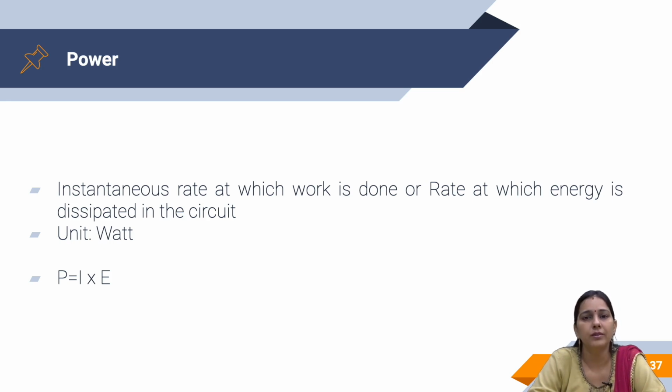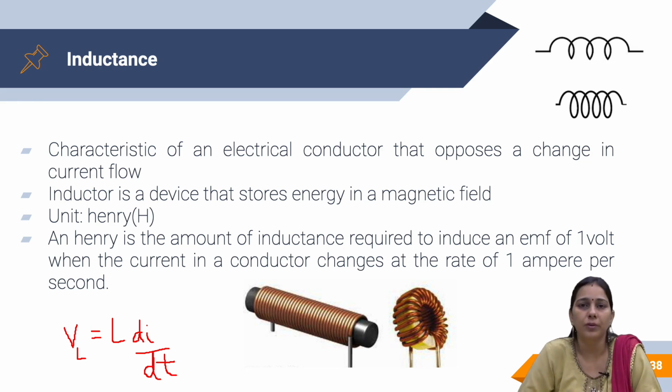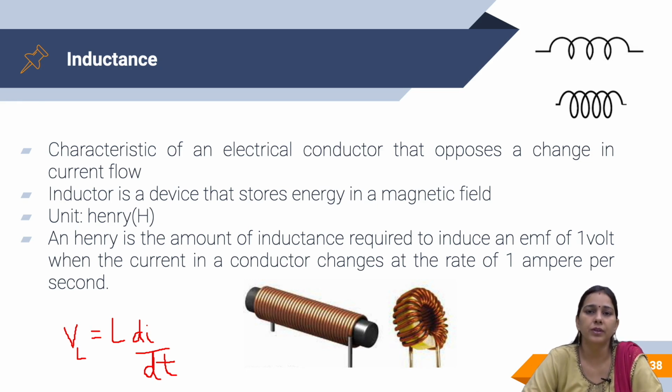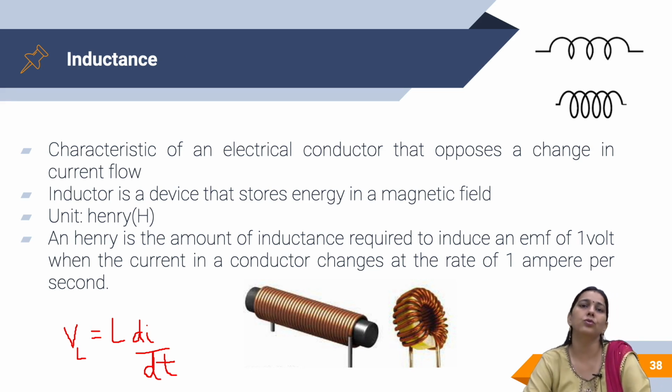Next is the inductance. Inductance is the capacity of a material to oppose the change of flow. Generally, inductance is measured in Henry, and considering the size of the inductance, generally the units are millihenry. So, how do you define 1 Henry?